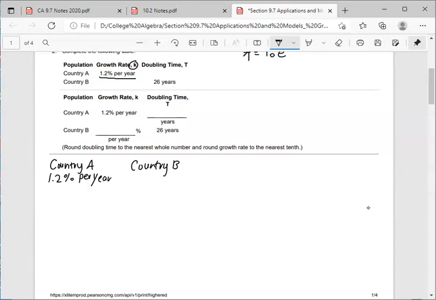On country B, I know that the doubling time, I'm just going to say DT, doubling time is equal to 26 years. So they're wanting me to find out the missing part. So on country A, they're saying, well, given this information, that the rate is 1.2% per year, tell me what the doubling time is.